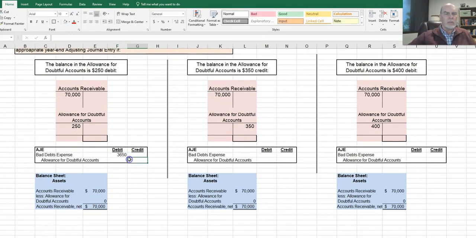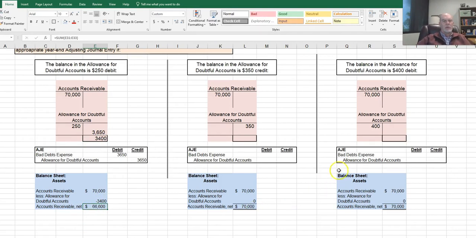So we debit bad debt expense for $3,650 and then credit the allowance, so the credit for the allowance account of $3,650, and that brings the ending balance over here to $3,400, which is what we were after, and that brings the net accounts receivable down to $66,600.